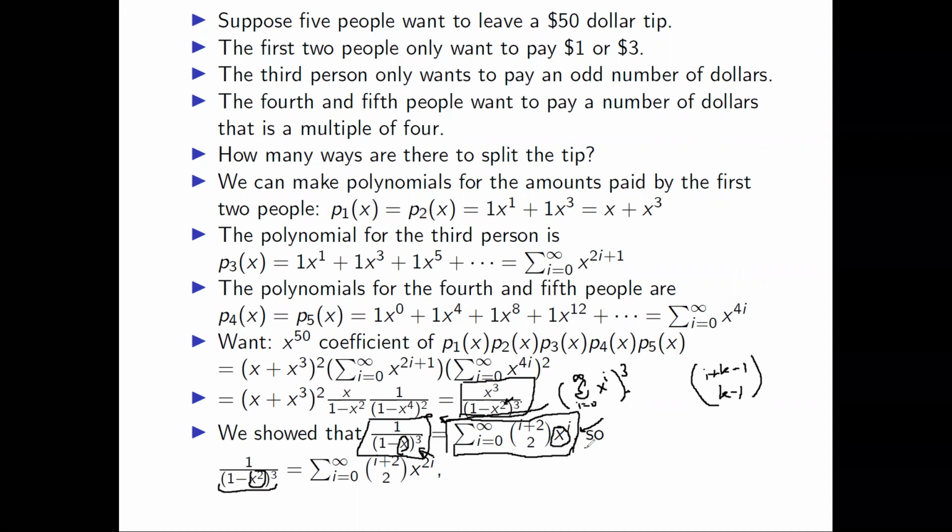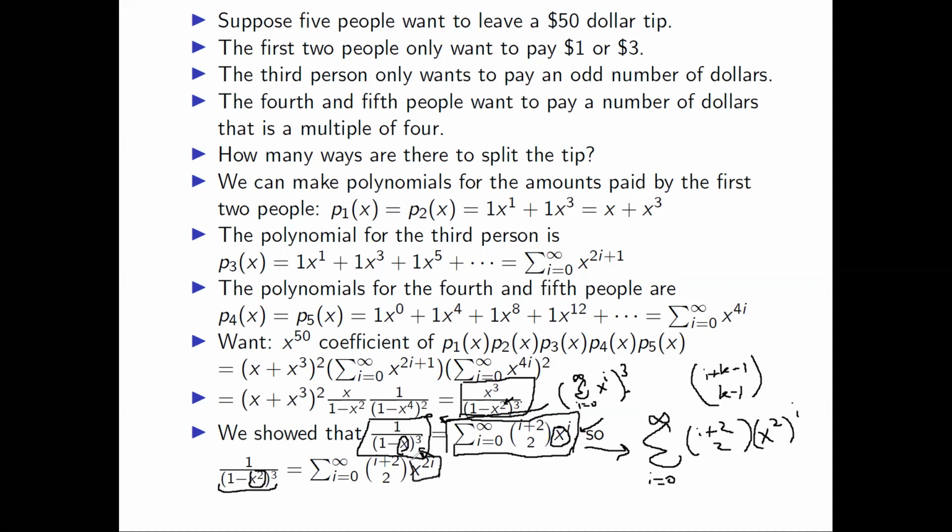So our new sum is going to be the sum from i equals 0 to infinity of (i plus 2 choose 2) times x squared, and we're raising that to the i still. x squared to the i is the same as x to the 2i.